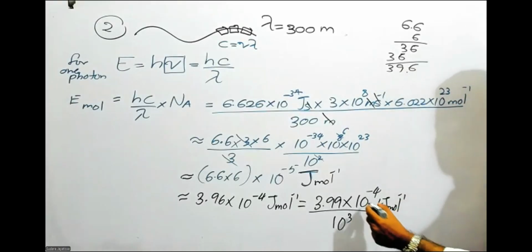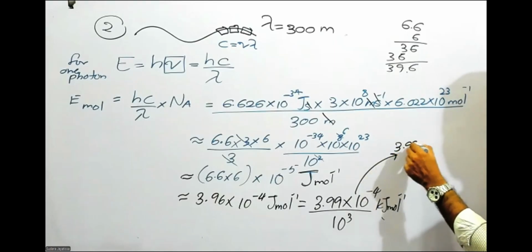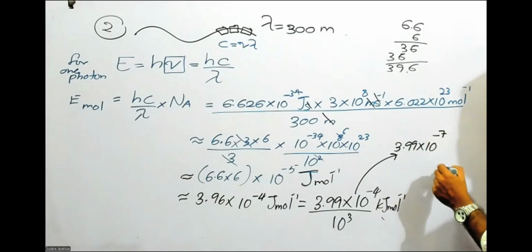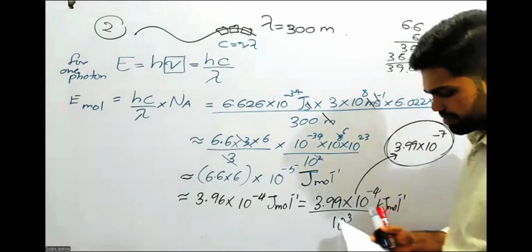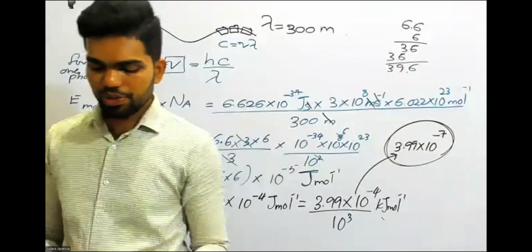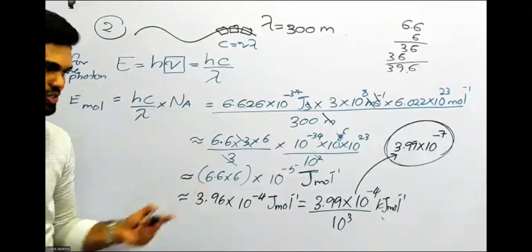So if you simplify this one, it's going to be 3.99 into 10 to the power minus 7. Answer is answer 4. Okay, so can you see 3.99 into 10 to the power minus 4 is also there. That is there to confuse you.